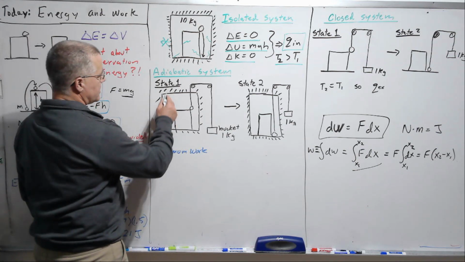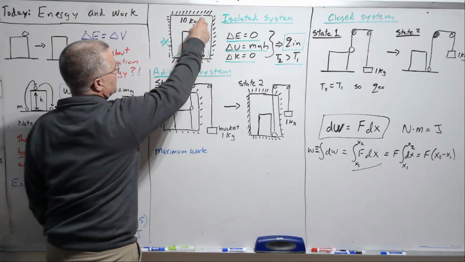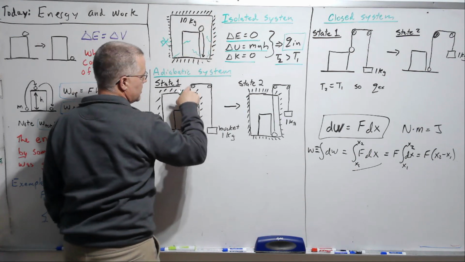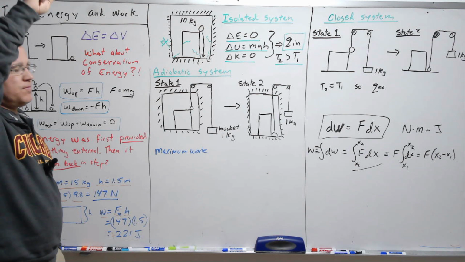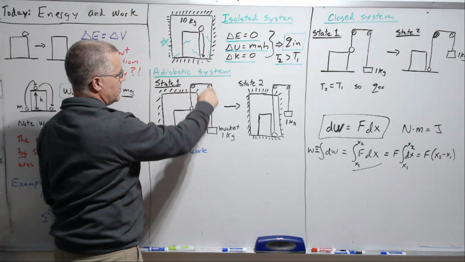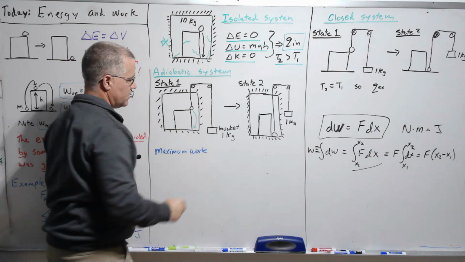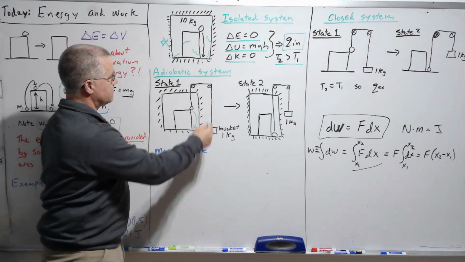Let's make something called an adiabatic system. We'll keep this same insulation. We'll just poke a small hole to attach a rope on a pulley system and make some kind of crazy contraption here, so that when the ball falls, it will lift this bucket.